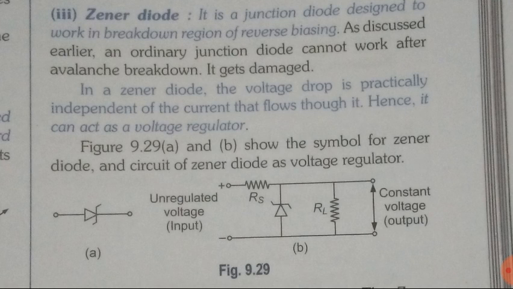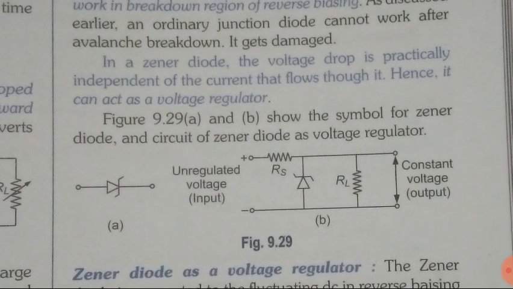So the Zener diode is designed to work in the breakdown region of reverse biasing. That means it gives current in reverse biasing, because in the breakdown region we get a very high amount of current. In a Zener diode, the voltage drop is practically independent of the current that flows through it. This is a very important thing.